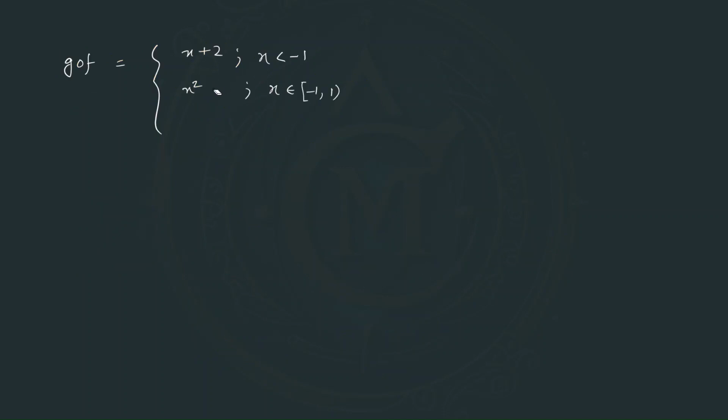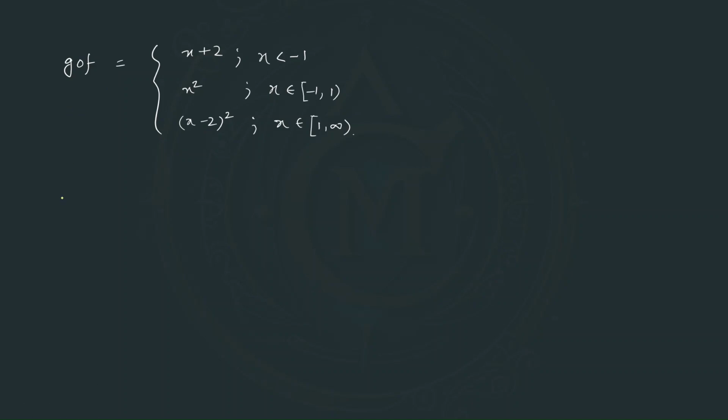Now as b is 0, so we can omit that. So x minus 2 whole square when x belongs to 1 to infinity. Okay, this is the function g of f x.